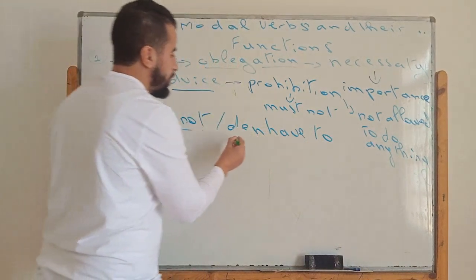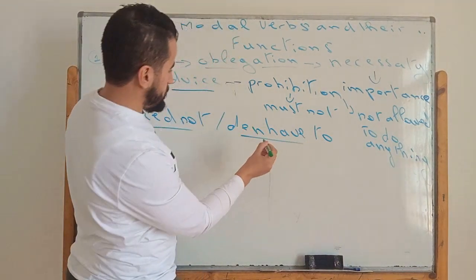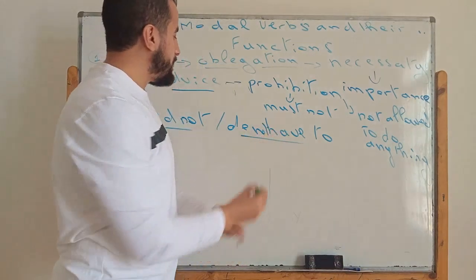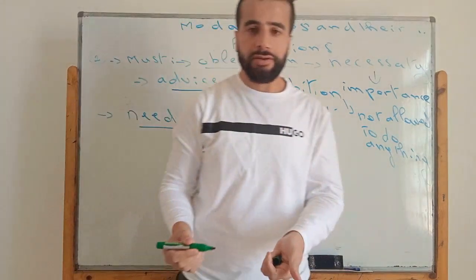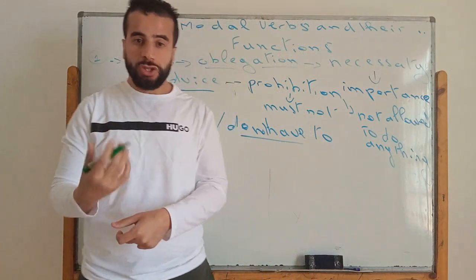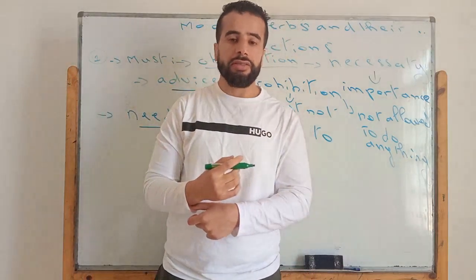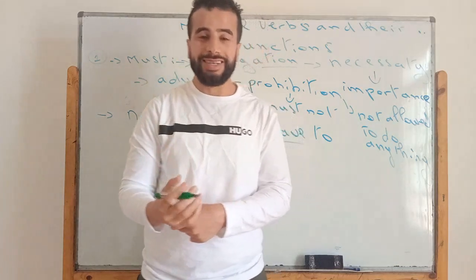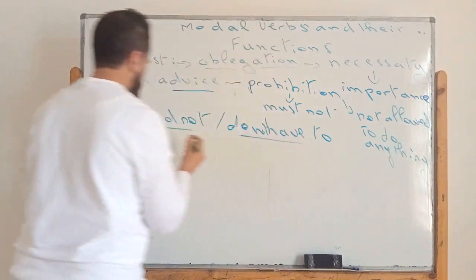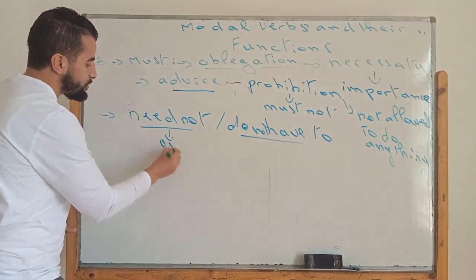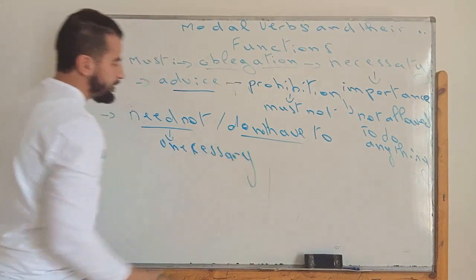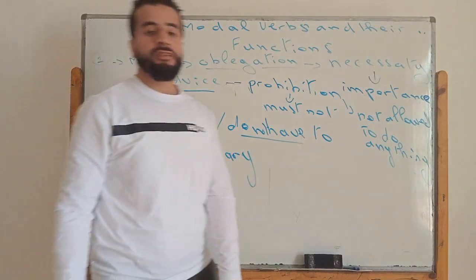Alright? So need not, or do not have to. Do not have to do something. So when we say you needn't or need not to practice sport in the morning, or let's say need not to revise intensively, here we are expressing a necessary purpose or necessary function.